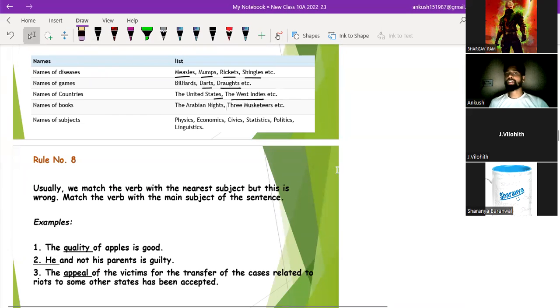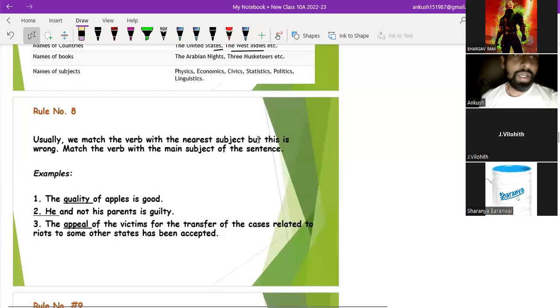These are the words which look like they are plural, but they do not take plural verb. Understood? Have you got the point?